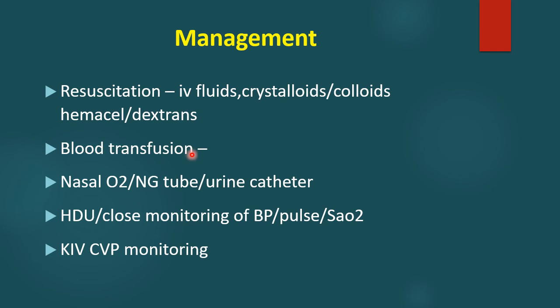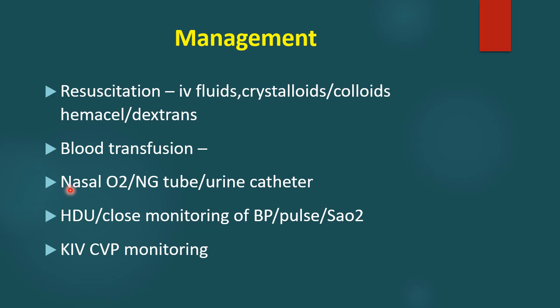Blood transfusion is an important part of the initial treatment. If there are indications for blood transfusion like severe anemia, hypotension, and impending shock, then blood transfusion is warranted urgently.